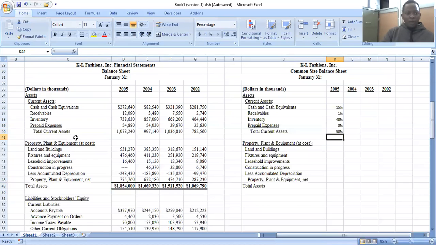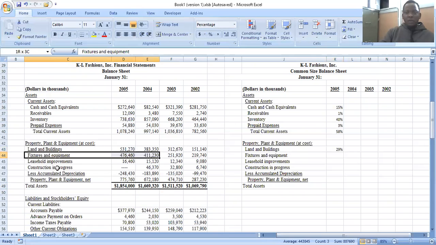And then for fixed assets, the common size ratio for land and buildings is land and buildings divided by total assets, which is 531,270 divided by 1.854 million, which gives us 29%.